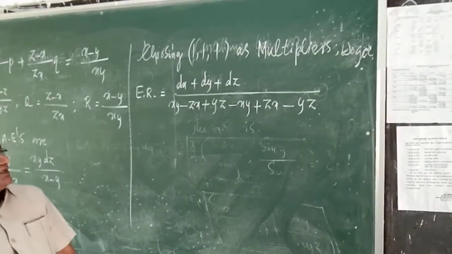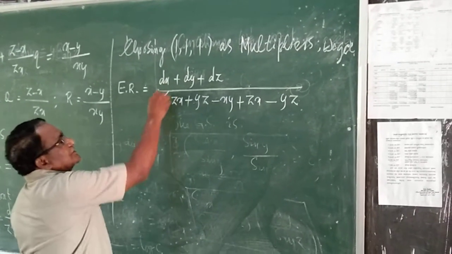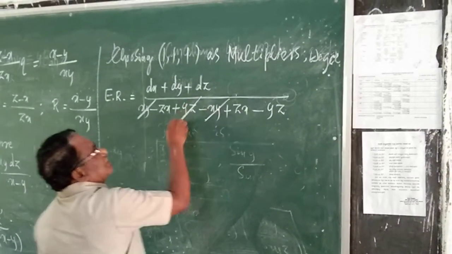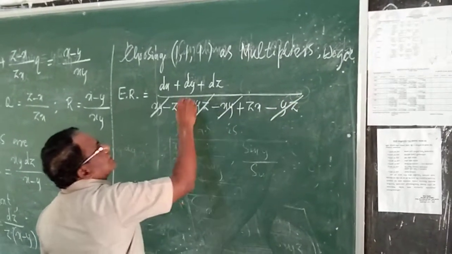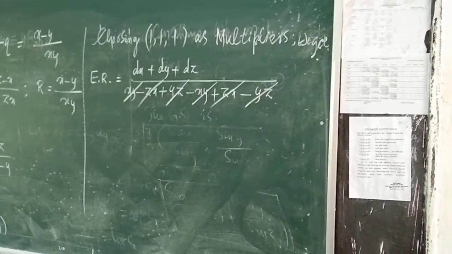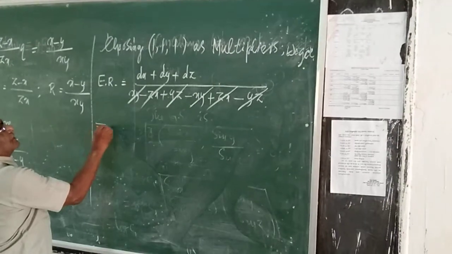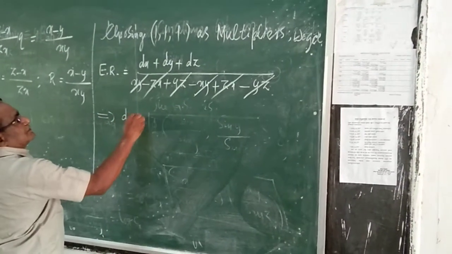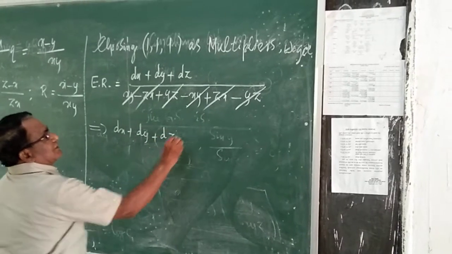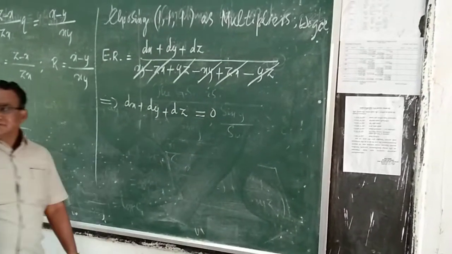And you can observe plus xy minus xy, plus yz minus yz, plus zx minus zx cancels, and this implies that dx plus dy plus dz is equal to 0.